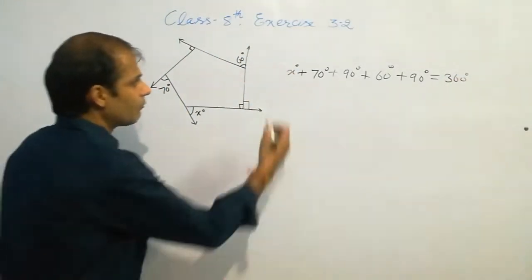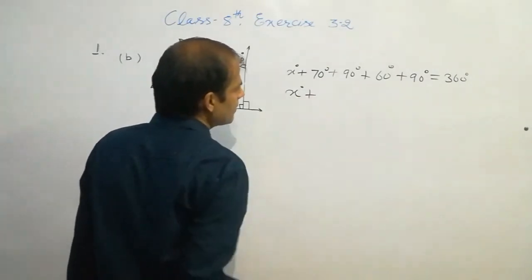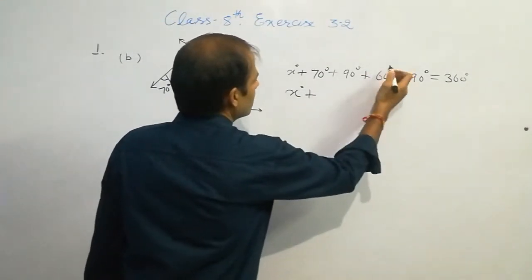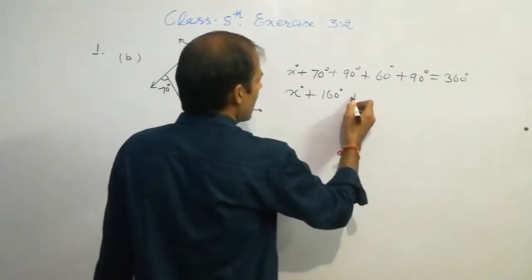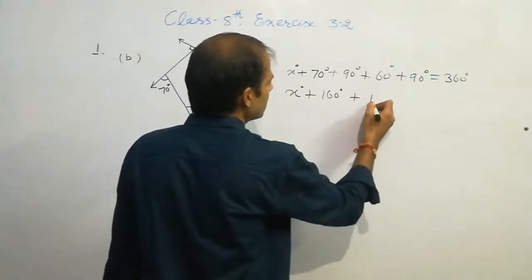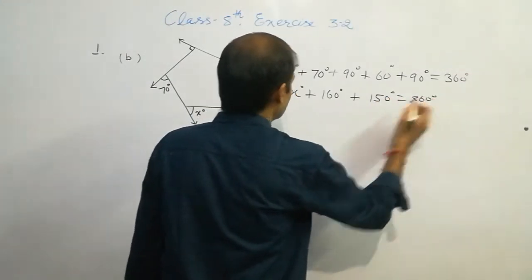Now find the sum of these. Pairwise we can do it easily. 70 plus 90 is 160 degree, and 60 plus 90 is 150 degree.